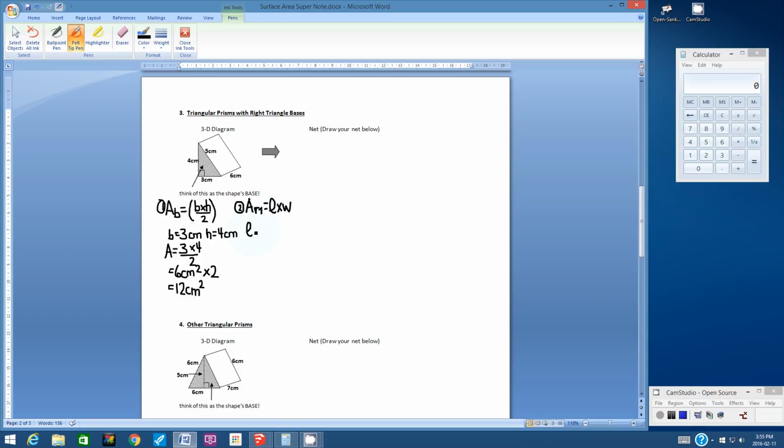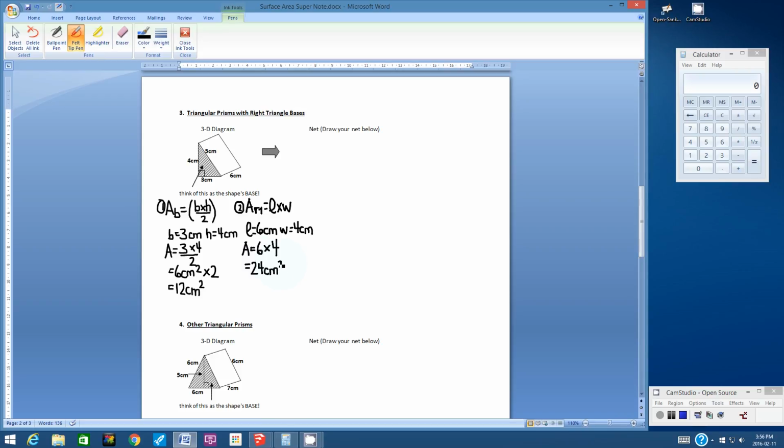We have a length of 6 centimeters, and a width of 4 centimeters. If we plug that back into our equation, area equals 6 centimeters times 4 centimeters equals 24 centimeters squared.